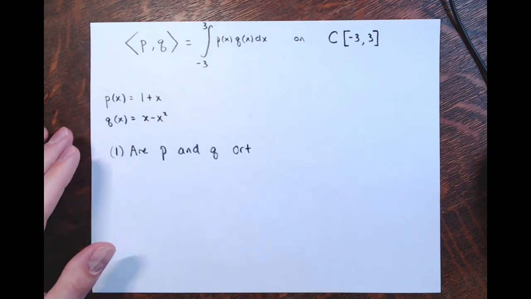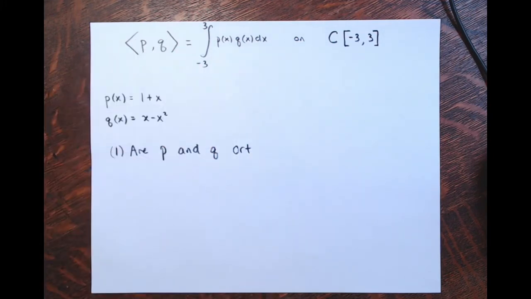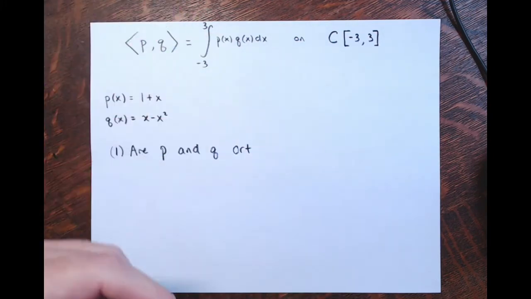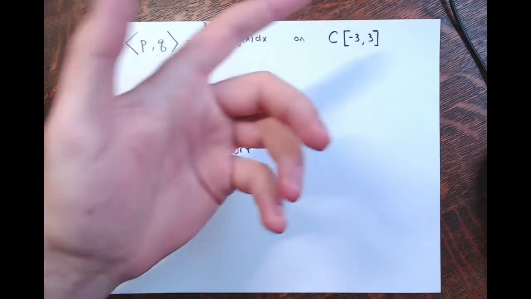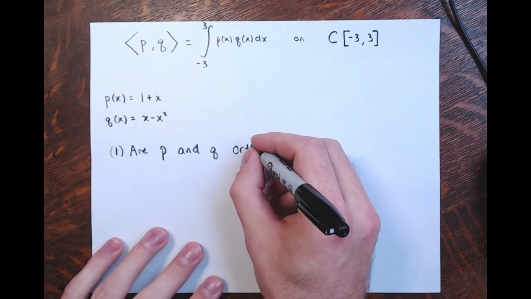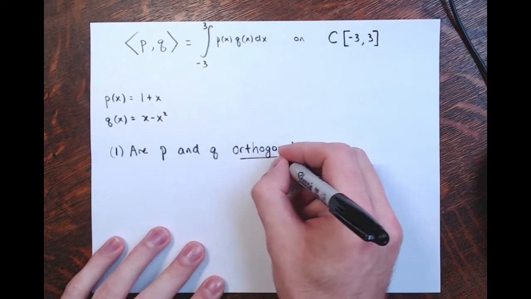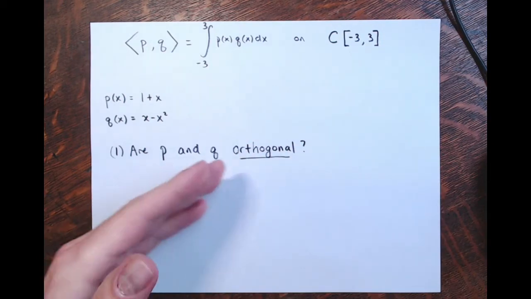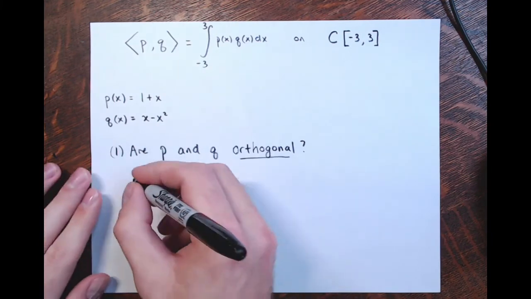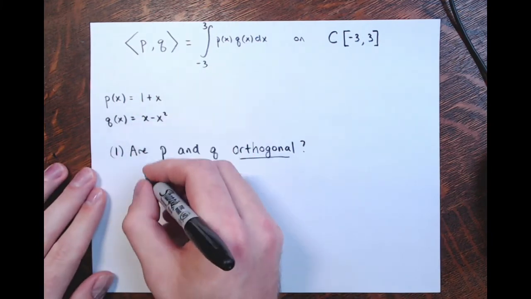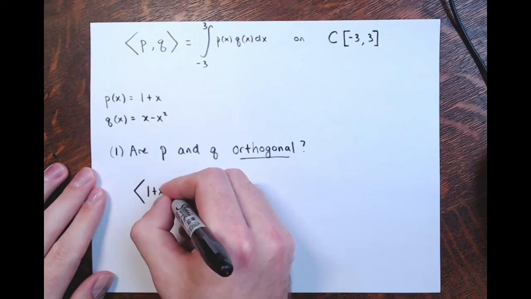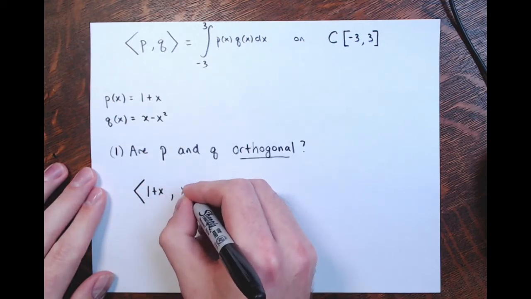They may not be orthogonal under this inner product, but they might be orthogonal under some other inner product on this space. So again, you have to really pay attention. The answer is just to take the inner product. What is the inner product of p of x, 1 plus x, with q of x, x minus x squared?